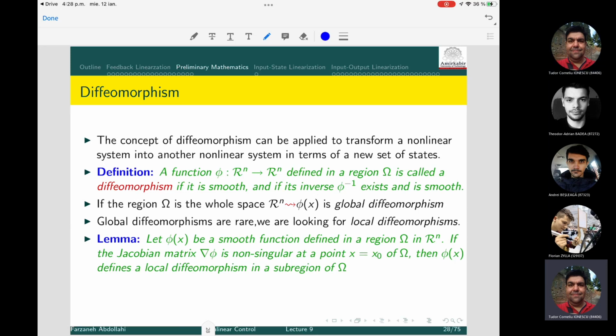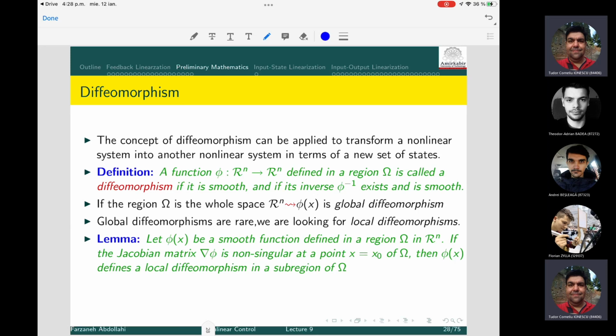If the region omega is the whole space Rn, then phi(x) is a global diffeomorphism. Global diffeomorphisms are rare, it says here. We are looking for local diffeomorphisms. And usually the coordinate transformations are local diffeomorphisms.